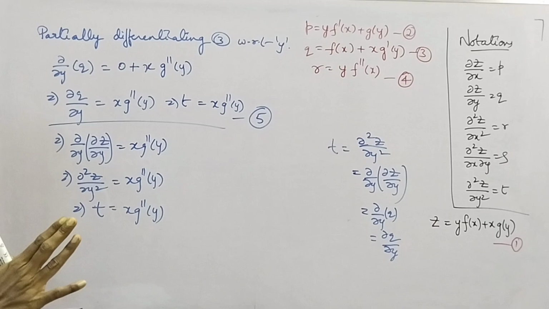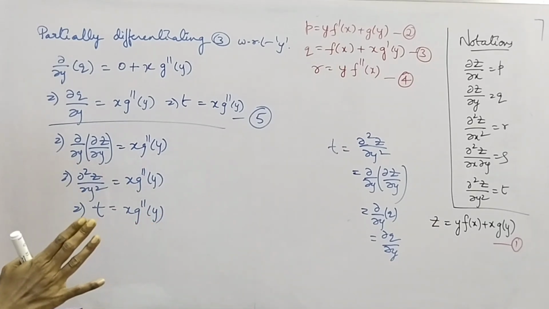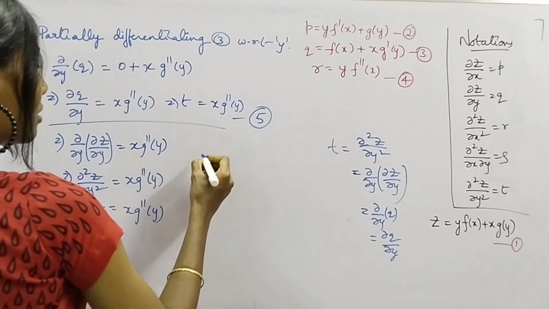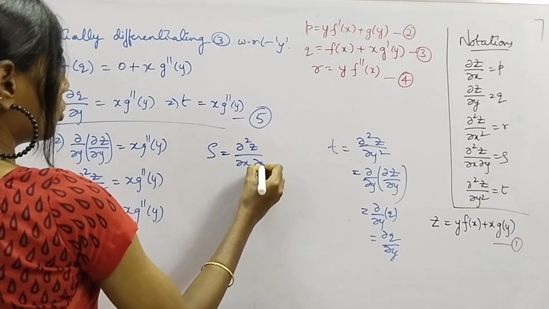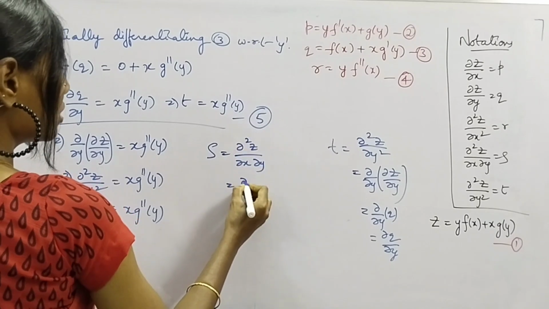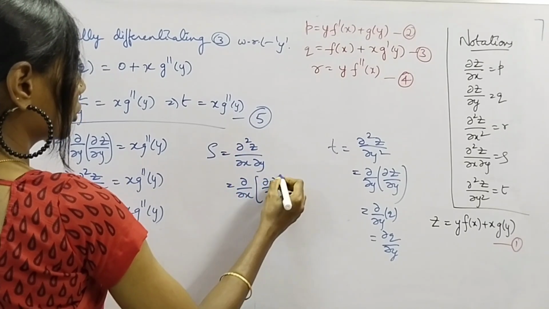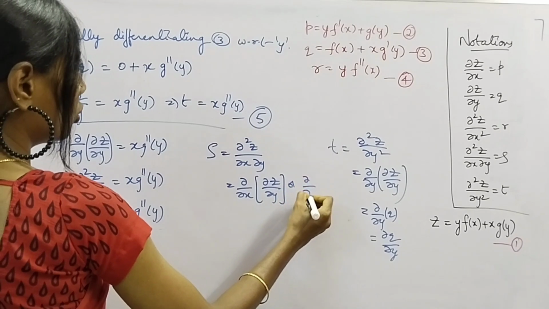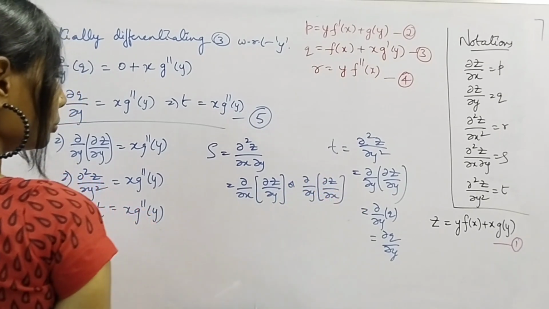So I don't think all these four are necessary to find the required partial differential equation. So what I'll do is I'll just find s. s is nothing but ∂²z/∂x∂y, right? We can write this term as ∂/∂x of the partial derivative ∂z/∂y, or ∂/∂y of ∂z/∂x.